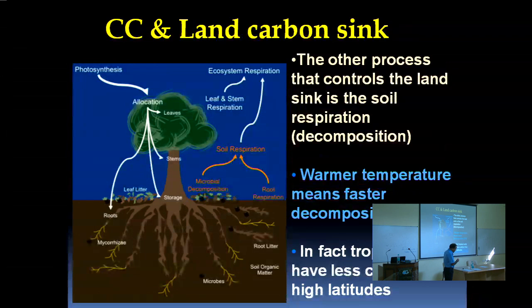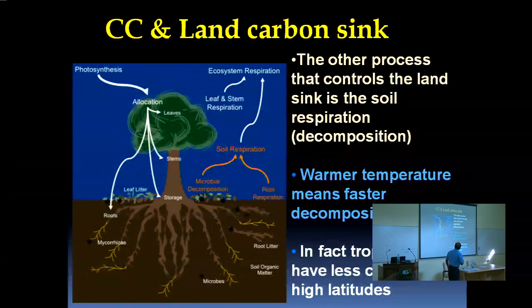So in fact, if you look at, even as an average sensitivity, the tropical soils actually have less carbon than the soils in the high latitudes because it is cold in the high latitudes. So the bacteria cannot break down the organic carbon. So the tropical soils actually have less carbon.